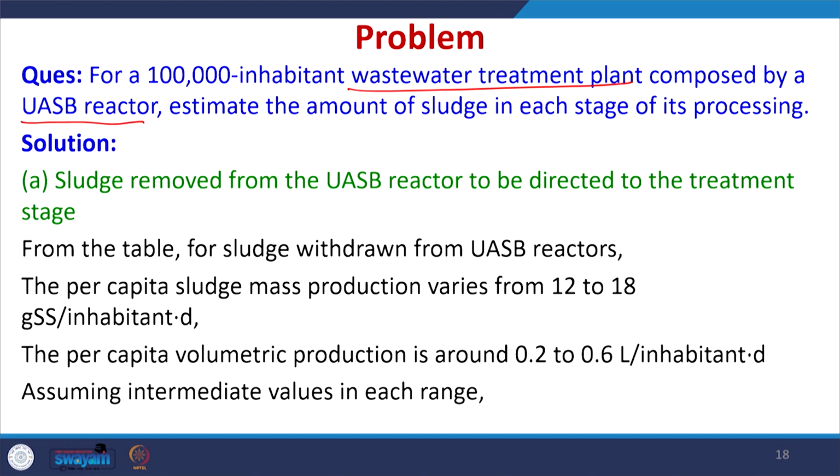The sludge removed from the UASB reactor is to be directed for the treatment stage. So, from the table for sludge withdrawn from the UASB reactor we can cross check. If you go back and cross check, it is given that 12 to 18 gram SS is produced per inhabitant per day.